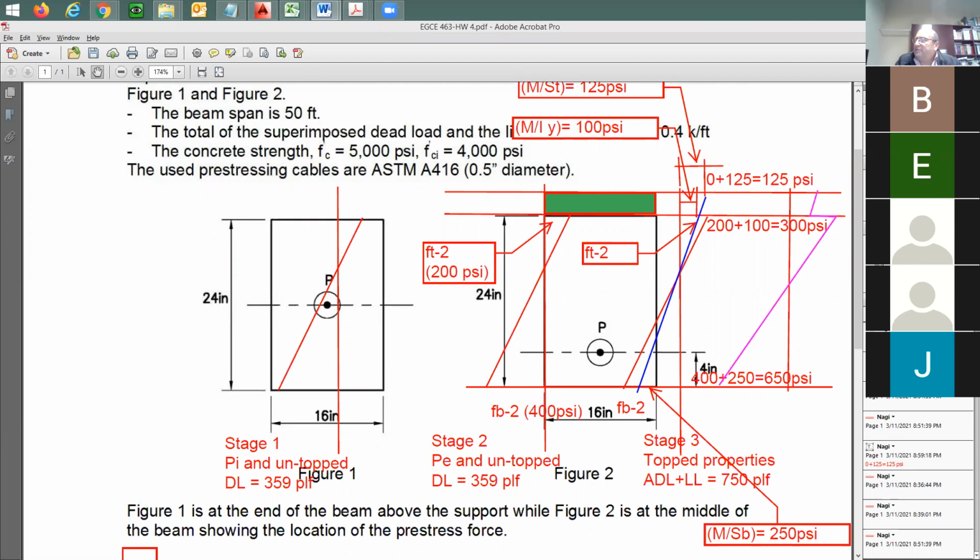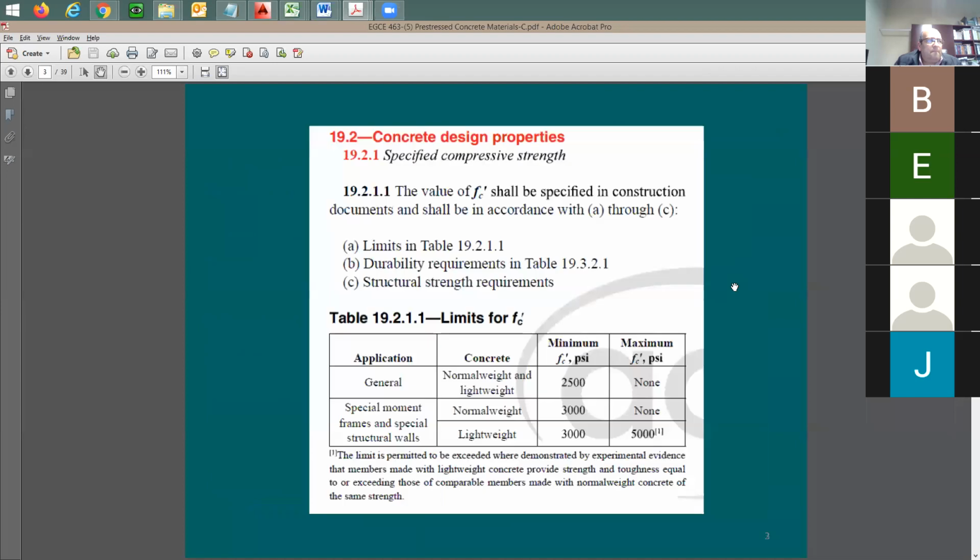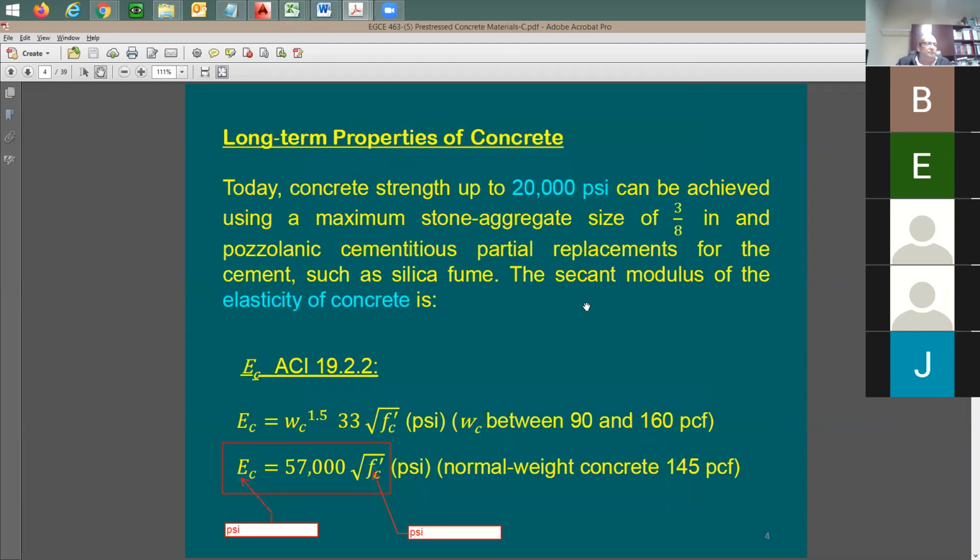Let me ask you a few questions. You guys know all of these limits, right? You have them in the materials. You have seen these limits and this equation, correct?